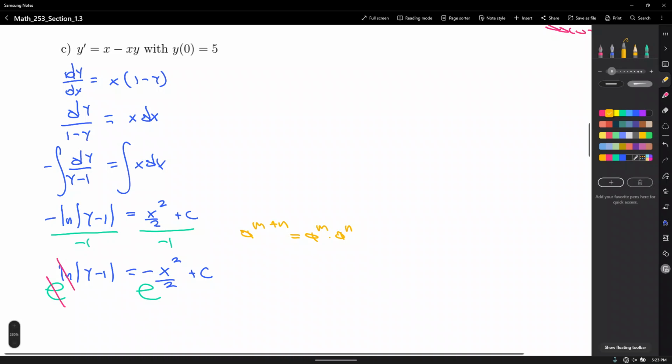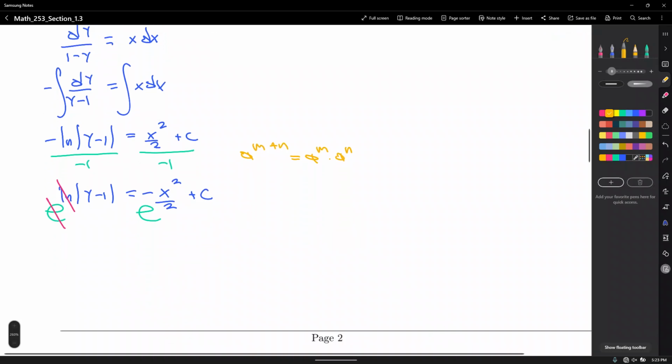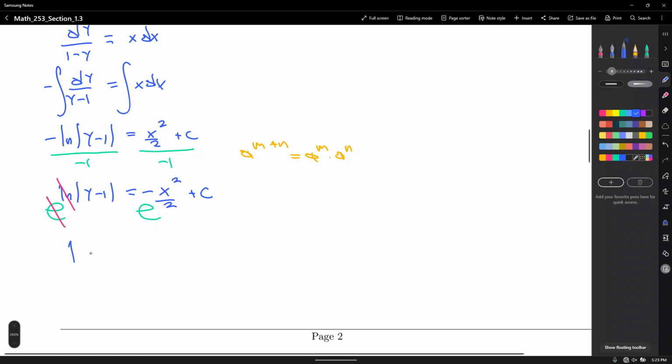However, we're going to use this backwards. Keep the absolute value bars, and that equals e to the negative x squared over 2 times e to the c. So the e to the negative x squared over 2, just leave it alone. What about e to a number that we don't know what it is? That's just another number that we don't know what it is. That's just c.